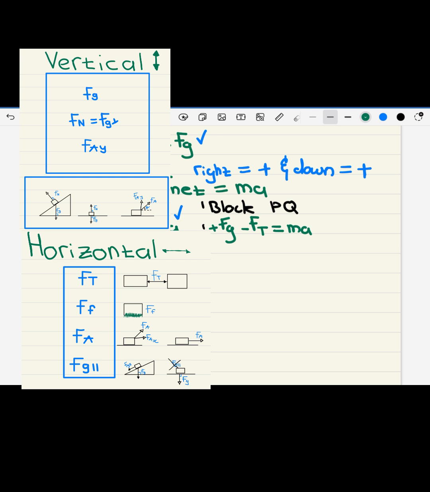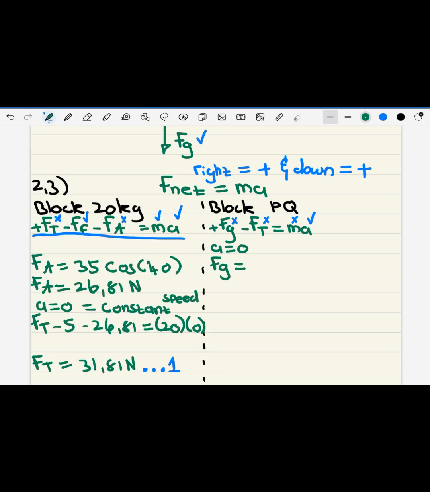Now, subbing in. Can we work out Fg, or do we have it? No, but we can work it out. Do we have the force of tension? No. Do we have the mass? No. Do we have acceleration? Yes, we do. So we know that A is equal to 0. We also know that Fg is equal to mass times gravity. Now, subbing in, we're simply going to plug and play into that formula.